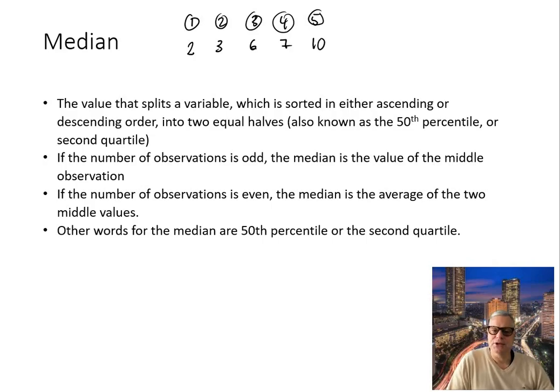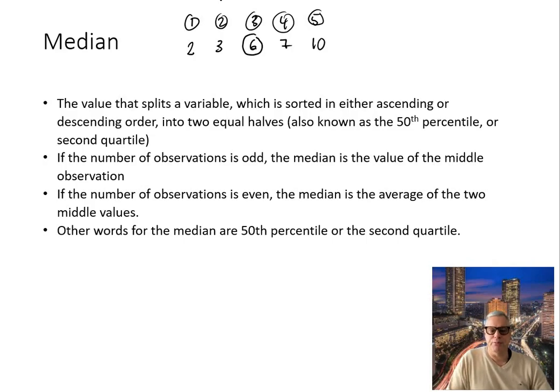Now it is easy to say that the value that splits the data into 2 equal halves is the 3rd observation, because now I have 2 to the left and 2 to the right. So whenever the number of observations is odd, the median is the value of the middle observation. But if the number of observations is even, as in the previous example, the median is the average of the 2 middle values.